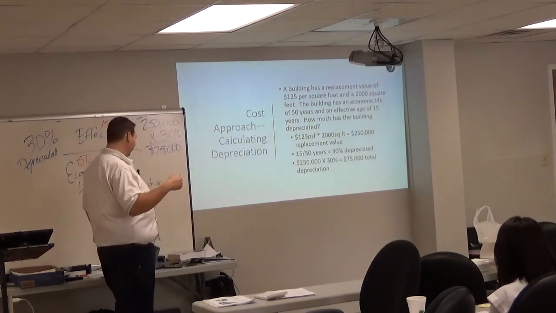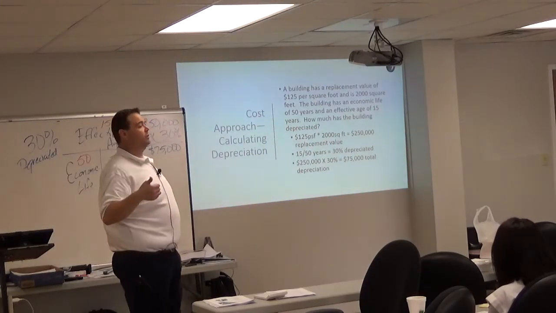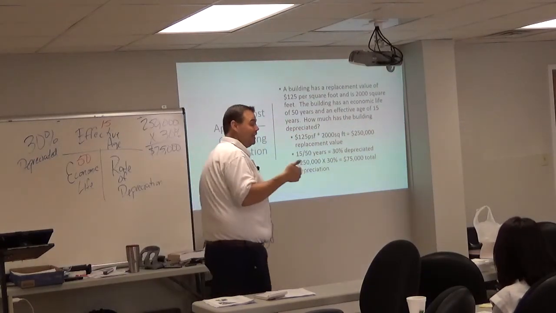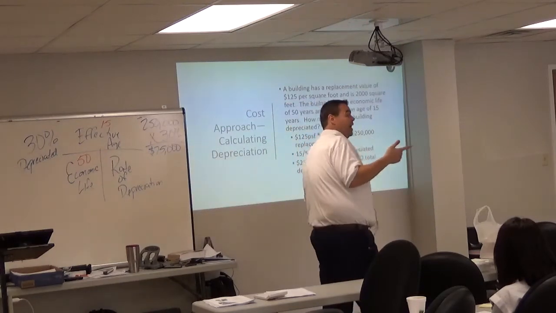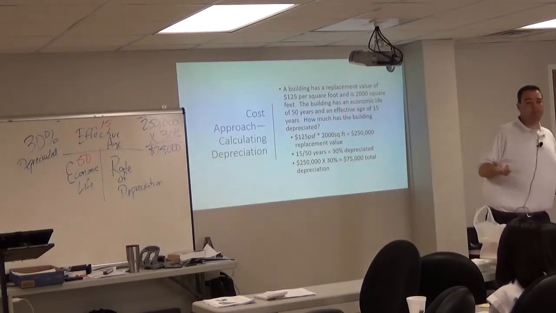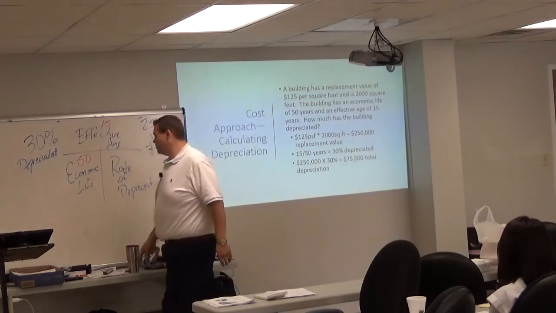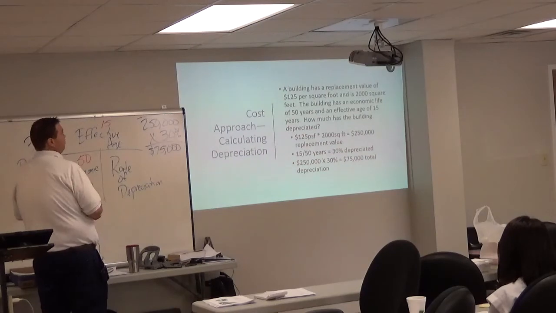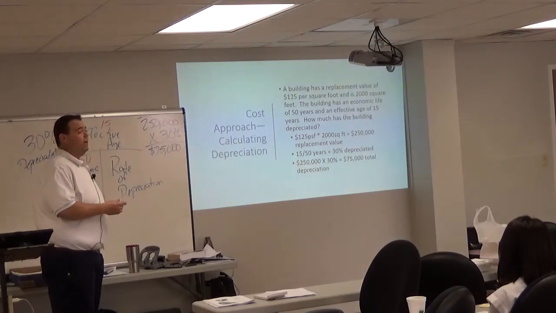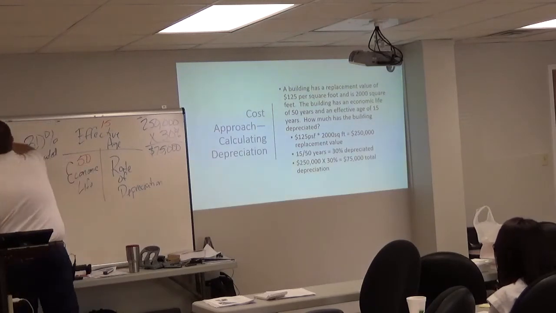75,000. Remember, that's step 3 of the cost approach. What was step 1 of the cost approach? Value the land. What was step 2? Add to that the what? The replacement value of the building. So, let's just pretend this question was asking for that. The only thing we're missing here to come up with the value is the land value. Does that make sense? So let's say this lot's $50,000.